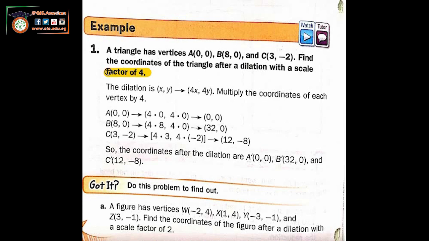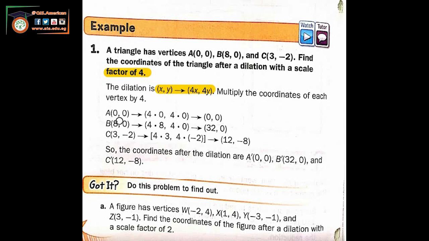So we have a scale factor of 4. Is it going to be an enlargement or a reduction? Let's think. Yes, 4 is greater than 1, so it's going to be an enlargement. Perfect. So I'm going to write my rule: x and y, multiply x by 4 and multiply y by 4. Multiply the coordinates of each vertex by 4.